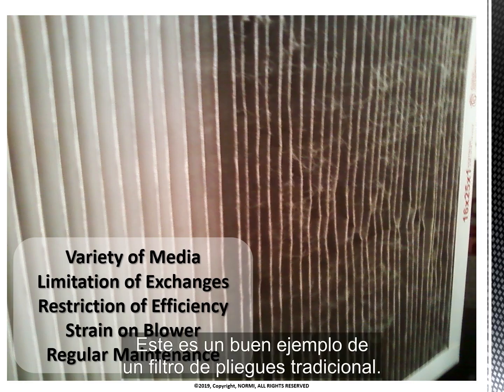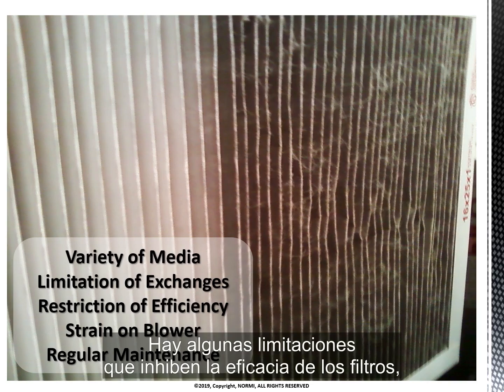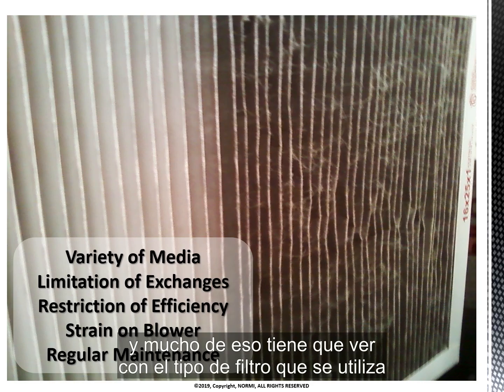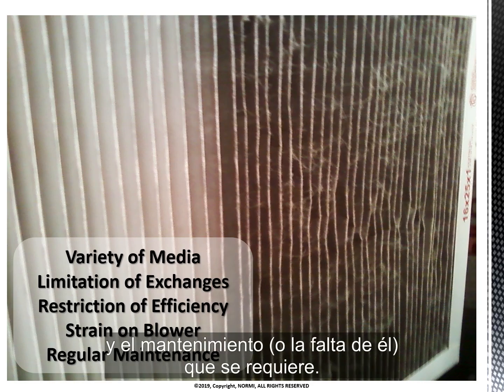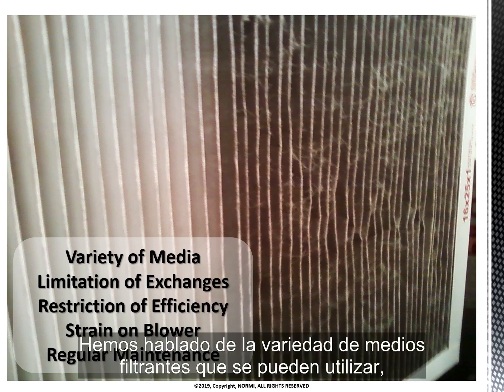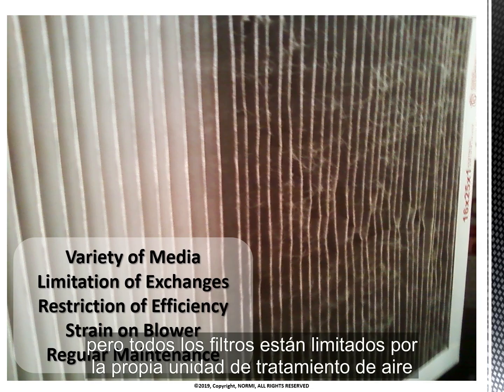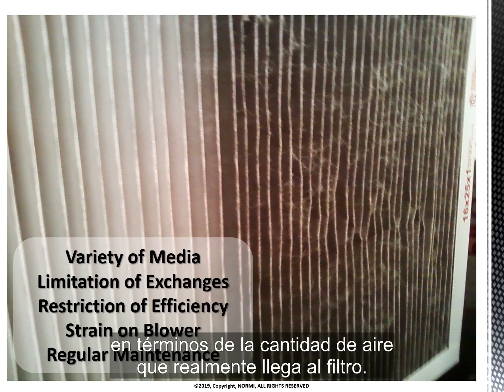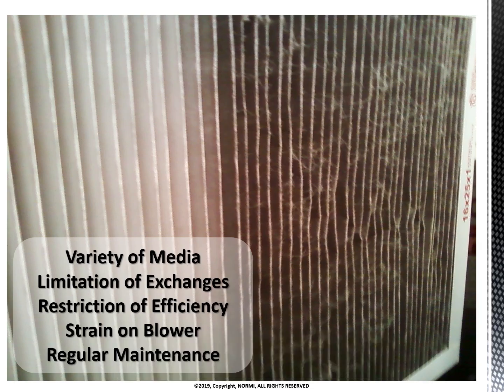This is a good example of a traditional pleated filter. There are some limitations that inhibit the effectiveness of filters, and much of that has to do with the type of filter that's used and the maintenance, or lack of it, that's required. We've talked about the variety of filter media that can be used, but all filters are limited by the air handler itself in terms of the amount of air that actually gets to the filter.